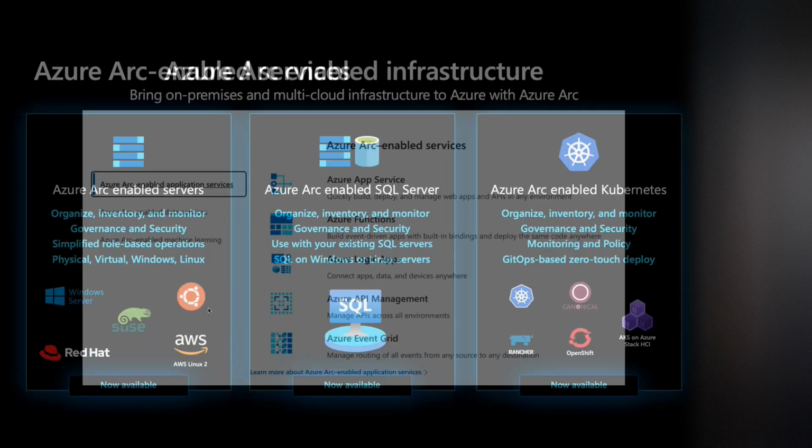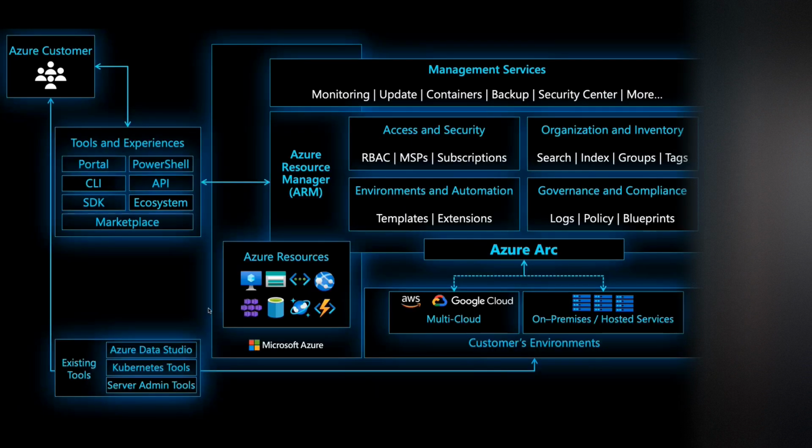To go back, it gives you a single control plane to manage all your resources, whether they're running in Azure, in other public clouds, or on-prem, wherever they are. As soon as the Azure Arc agent is installed, they are fully projected into Azure, and you are good to go. Then you can apply governance policies, RBAC controls, and tagging, and use security features like Azure Policy or Azure Defender tools.